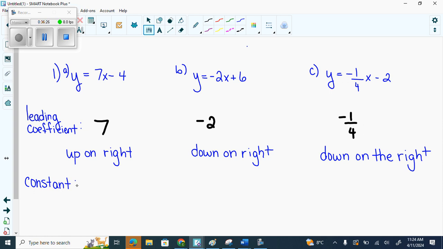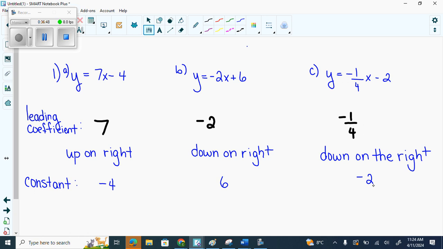All right. What's the constant of this one? -4. Not 4. -4. We take the sign with it, right? What about this one? +6. Of this one? -2.